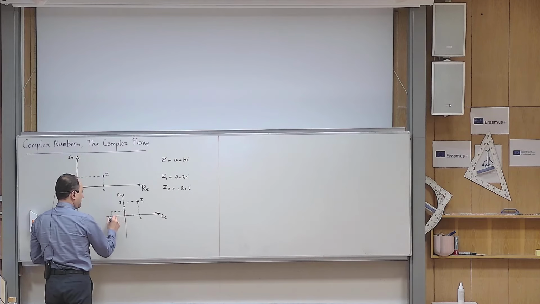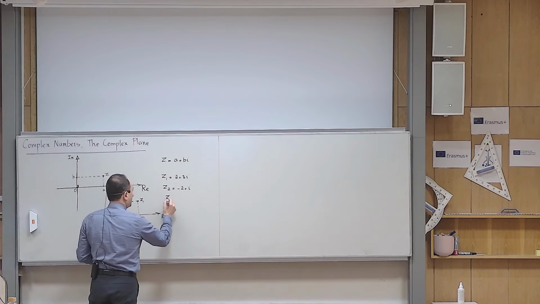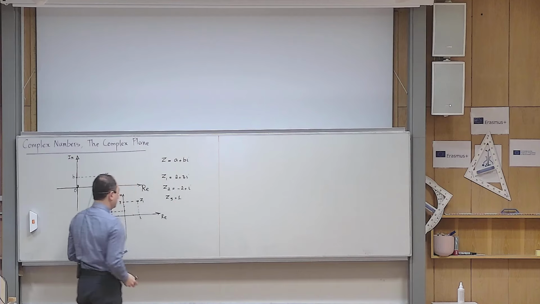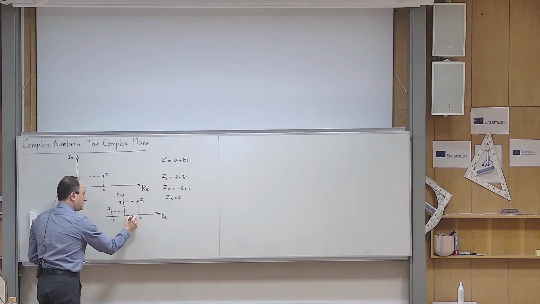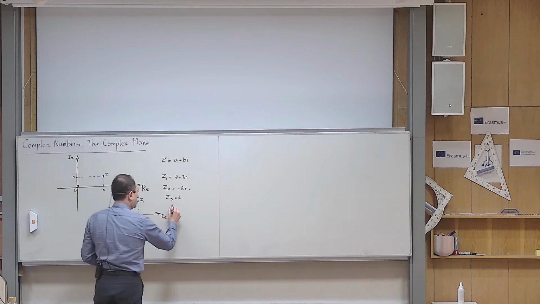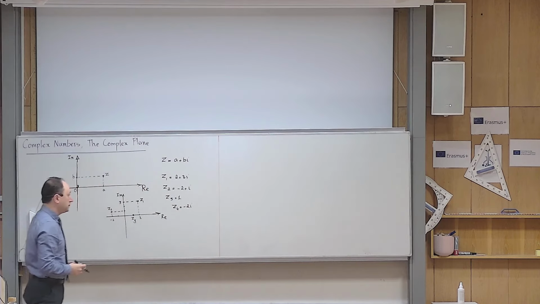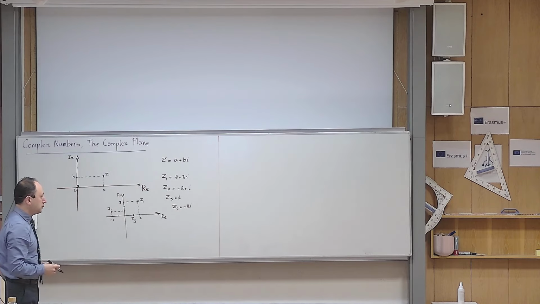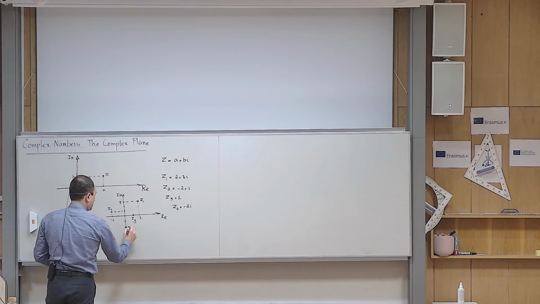This point is z2. What about z3 equal to just 1? The imaginary part is 0, so this is nothing except z3. And then, for example, z4 equals -2i. It means the real part is 0 and the imaginary part is -2 units, so this becomes that point.